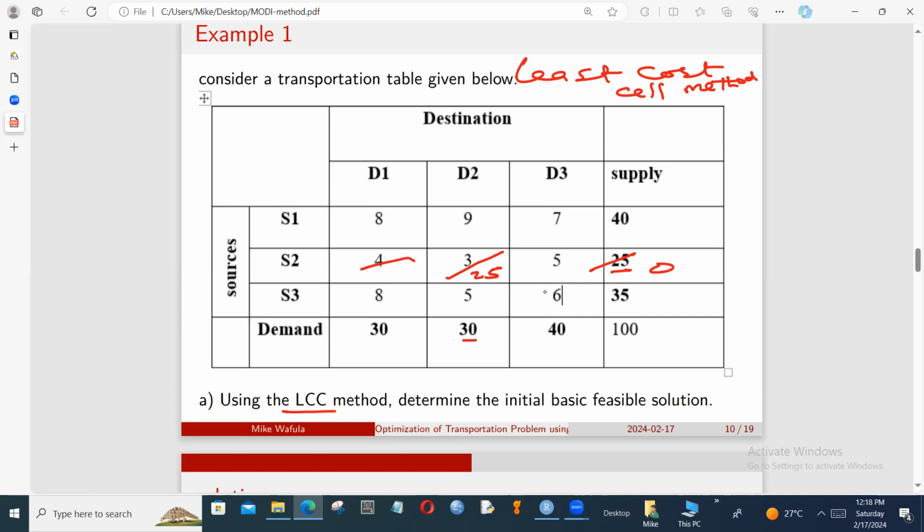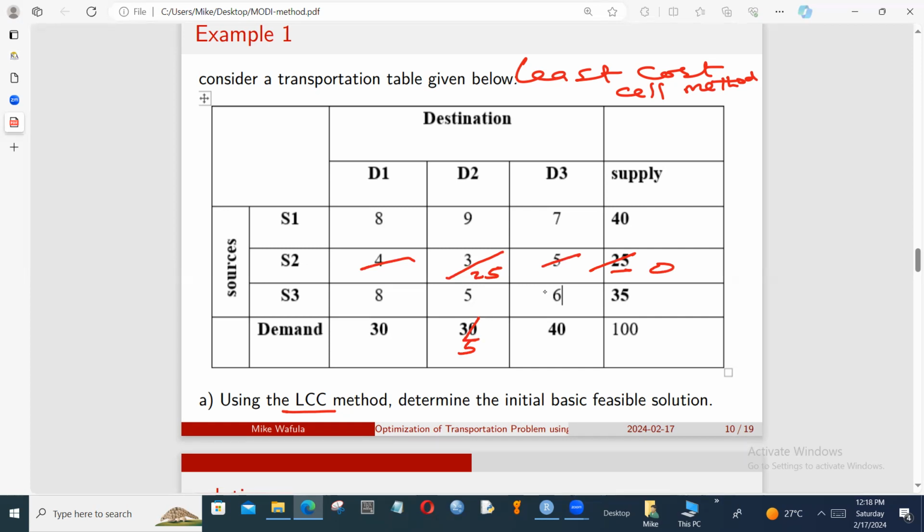In so doing, we shall have depleted what source 2 can supply, and therefore no destination will receive any other units from source 2. But destination 2 will still have a demand of 5 more units to meet its requirement.